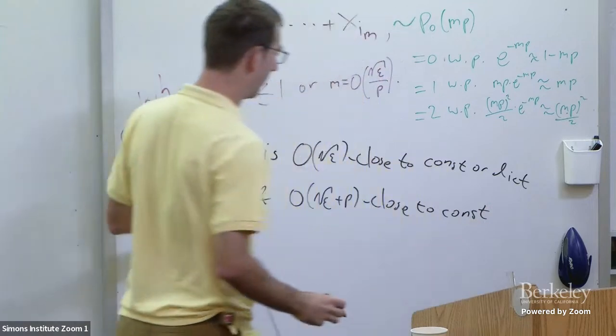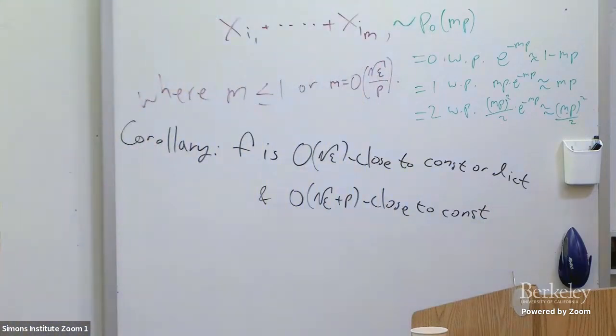I hope you can still see. If not, well, I just said it. That's why I said that this guess is both true and false. It is true that even when p is small, you're still close to a constant or a dictator, but you're not epsilon close, you're only square root of epsilon close.